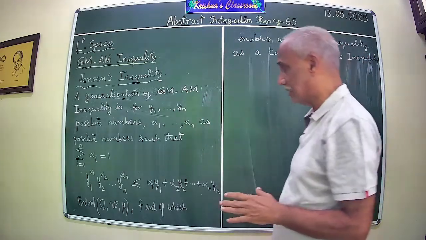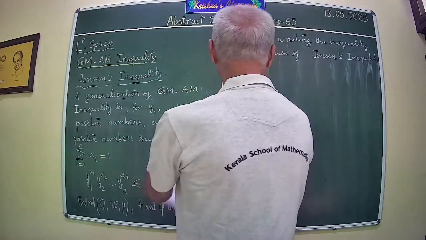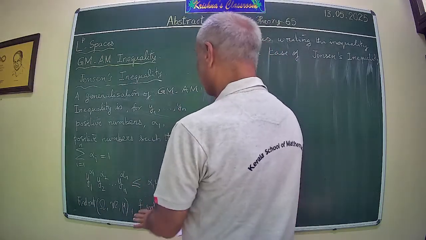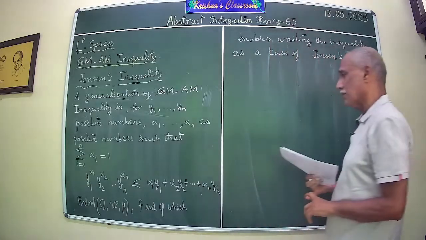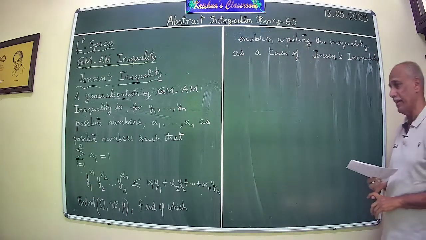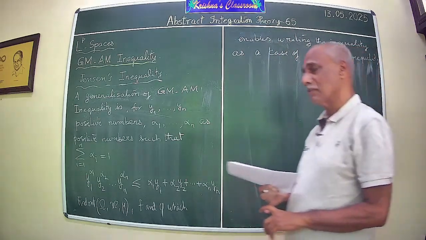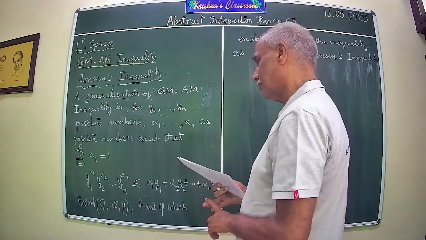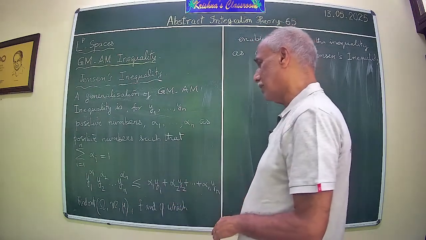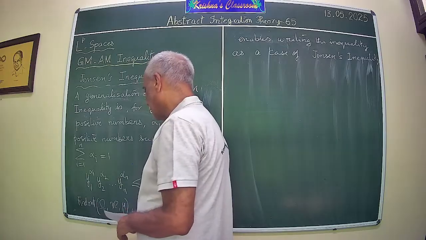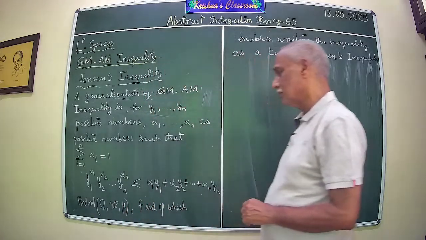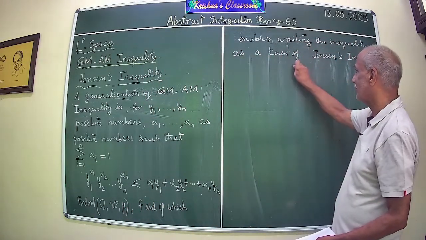It's a generalization of that. In fact, this can be recast in terms of Jensen's inequality by introducing the appropriate functions phi, f and of course the measure space omega, mu. Okay, so thank you very much.